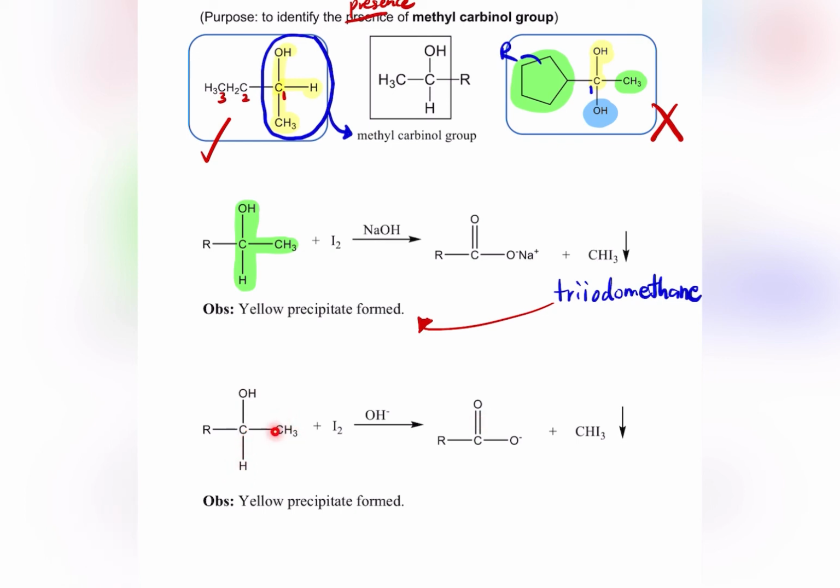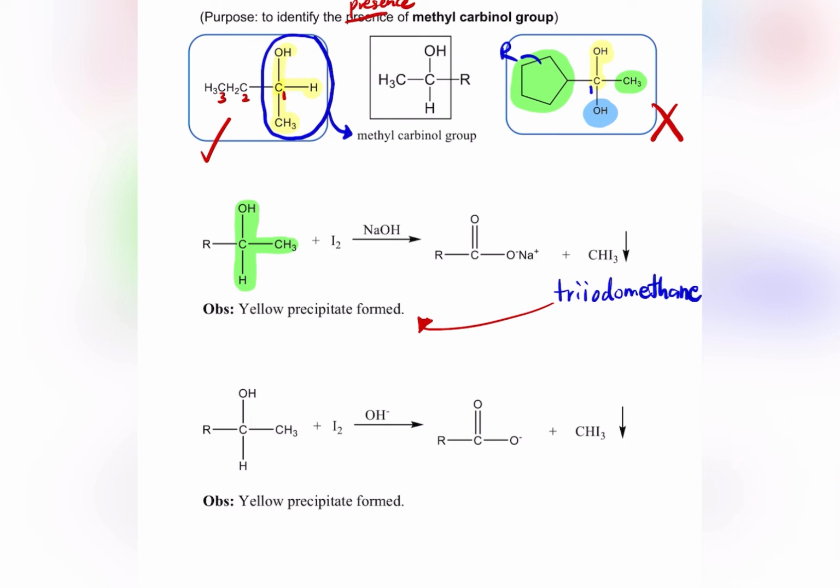Your CH3 you are going to change with O minus. And here the difference is you don't have to put Na plus because we just use OH minus. This is the difference that I want to emphasize here, whether you use NaOH or OH minus. But the side product must be CHI3, the same for the top and the bottom equation.